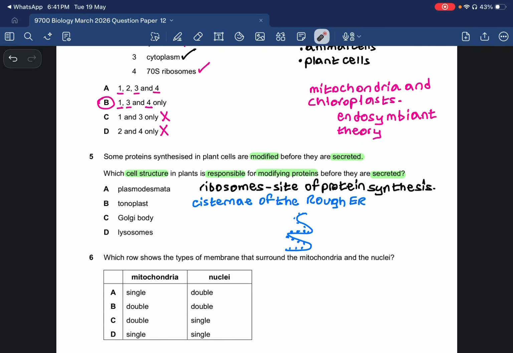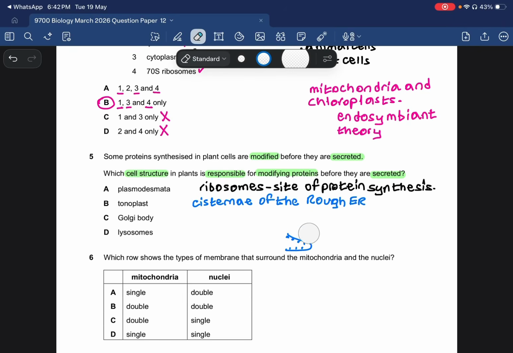Is your house ready? No, he just put the first coat of paint on the wall. He's going to put a second coat, then a third coat, then a fourth coat. So even though the basic structure of the wall is ready, it's still not complete. Same case here. Even though we have made the primary structure of the polypeptide chain, it's not yet functional. It cannot yet be used.